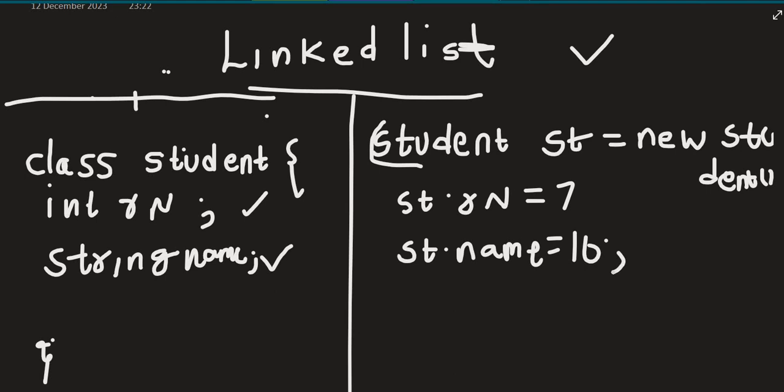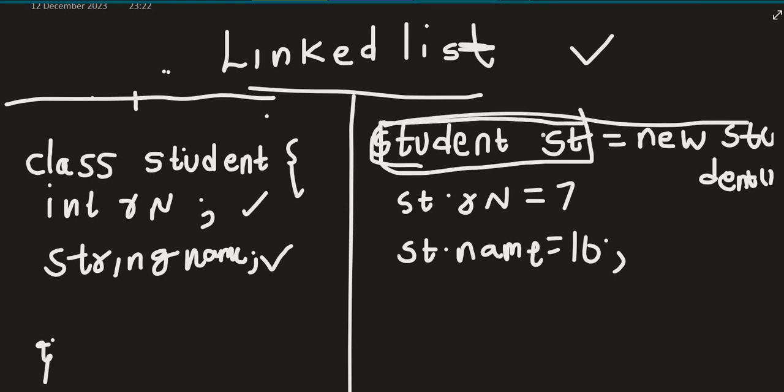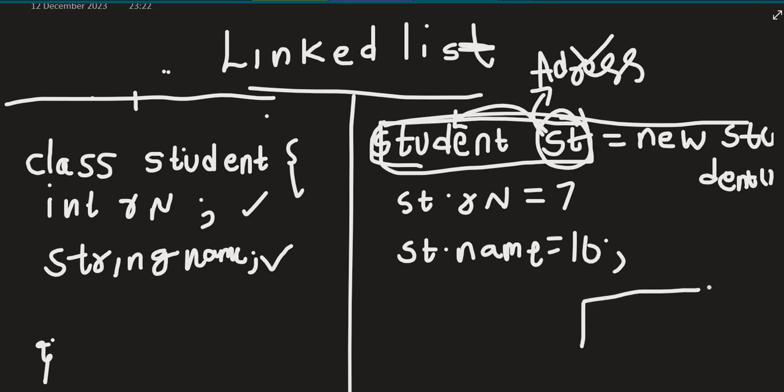Okay, so what is happening internally? I have created an object. Again I'm telling, this part is called the address part. This is the address, and this st indicates the address, which is of the type student. Understand what I'm telling? st is an address which is of the type student.